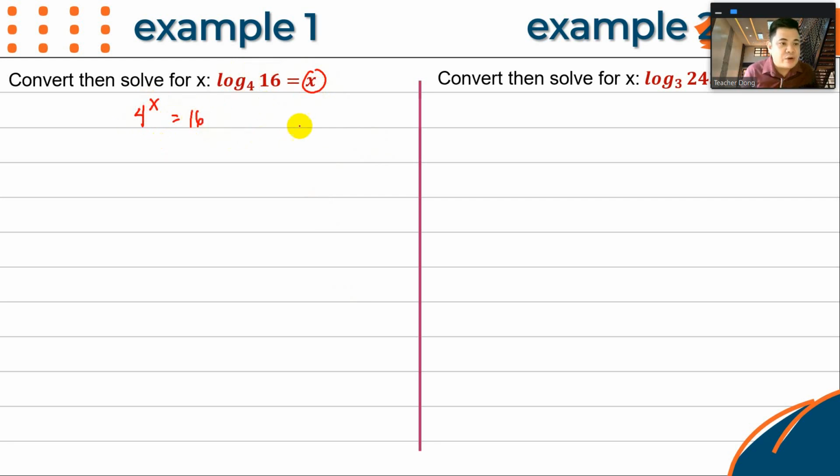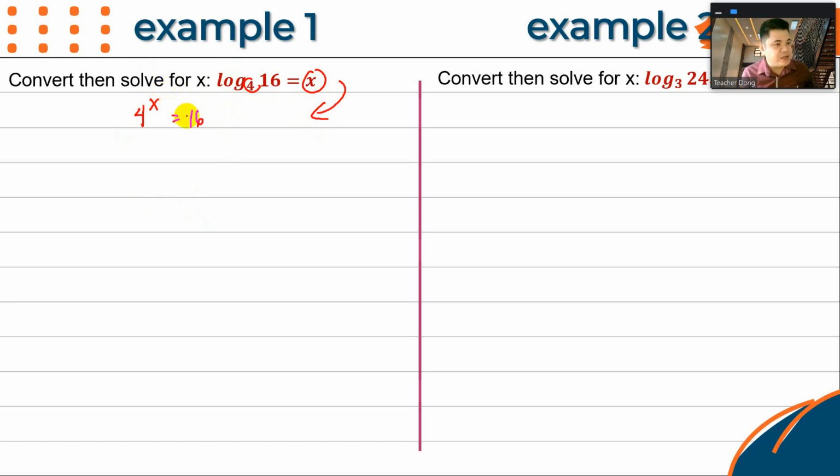So this is now our exponential form: 4 raised to the power of x equals 16. Now, how are we going to solve for the value of x?